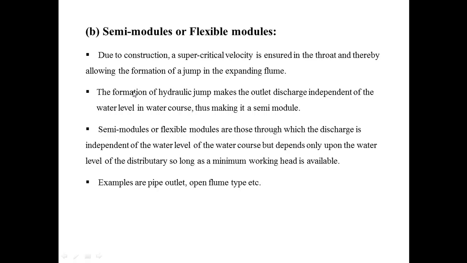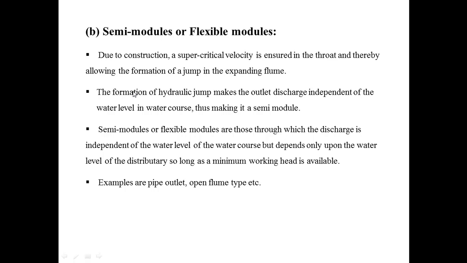The next type is the semi-modules or flexible modules. Due to the construction, a supercritical velocity is ensured in the throat, thereby allowing the formation of a jump in the expanding flumes. This formation of hydraulic jump makes the outlet discharge independent of the water level in the water course, and thus making it a semi-module.